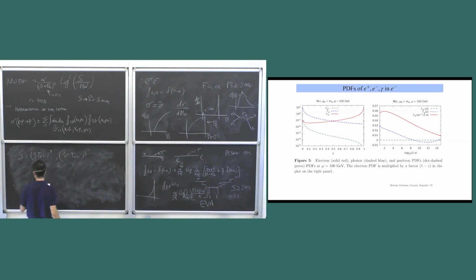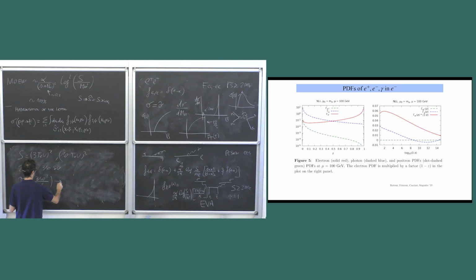Okay. So 2 m top is of the order of 340 GeV. So the minimal tau that you can consider is 340 squared over S.